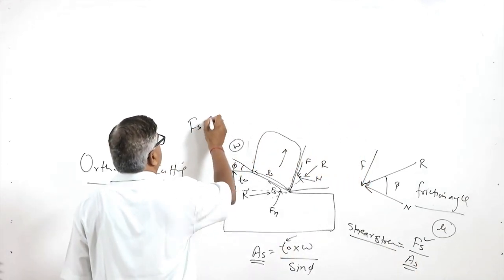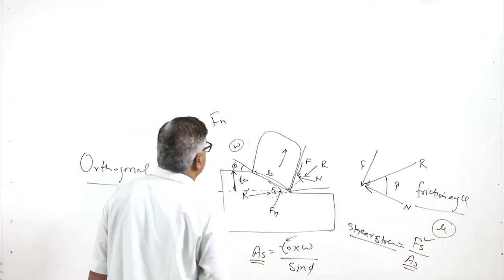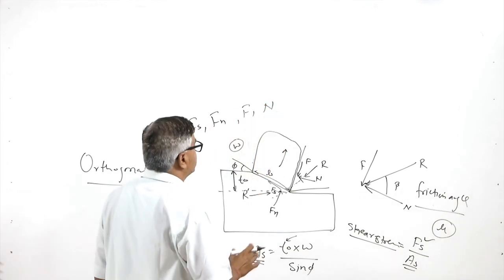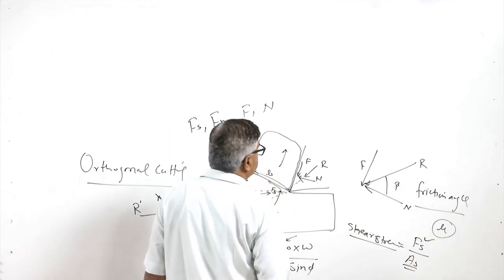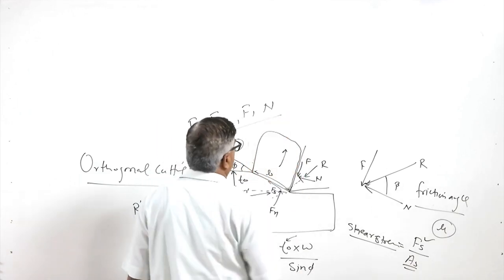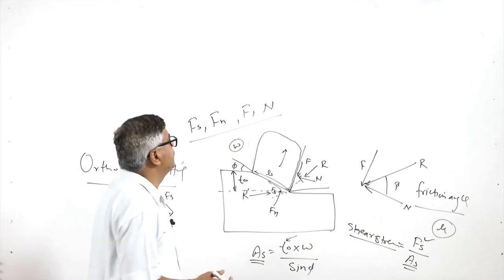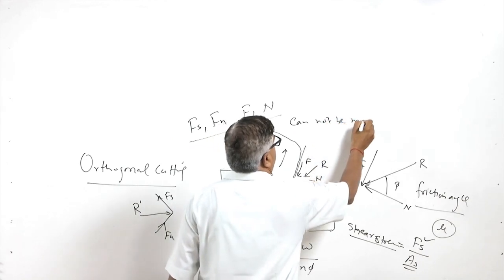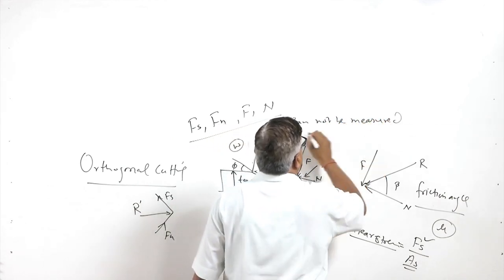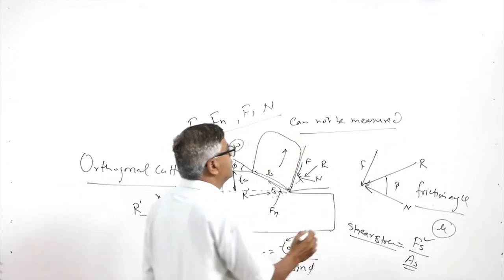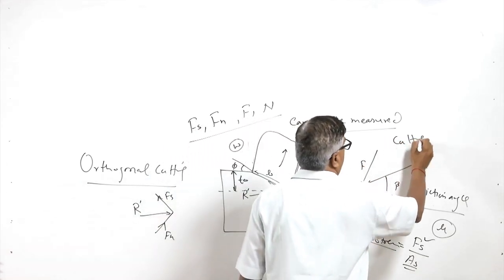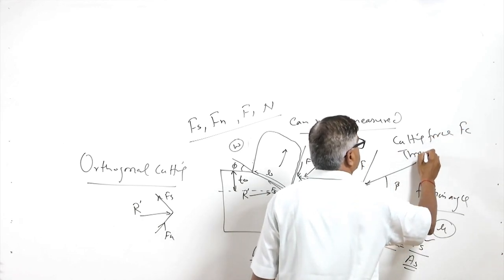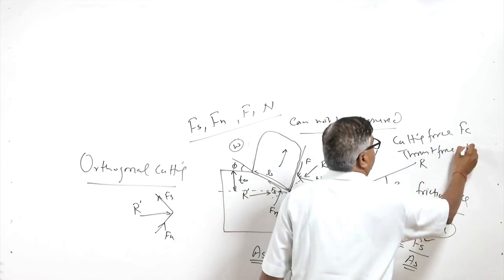So, these are the forces. Fs is the shear force, Fn is the normal force acting on the shear plane, F is the friction force, and N is the normal force acting at the tool-chip interface. These are the four forces which will be acting during machining, but these cannot be measured. What we can measure during cutting is the cutting force Fc and the thrust force Ft.